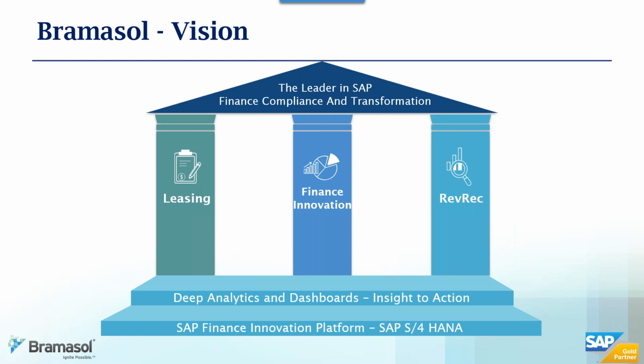And then focus on finance transformation. So really turning action into insights, looking at how the office of the CFO moves from record to report, and reporting from today backwards to leadership in the organization, providing the insights that lead to differentiation. How we do this is through deep analytics and dashboards, insight to action.